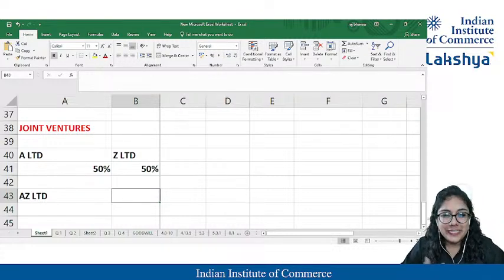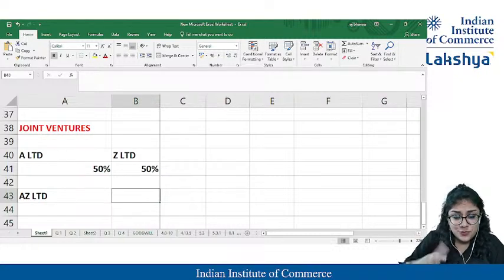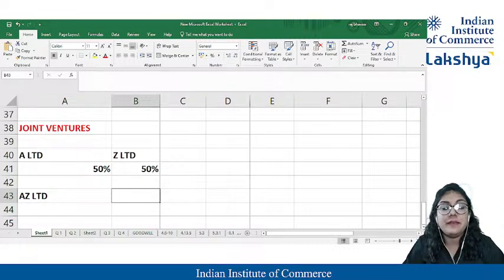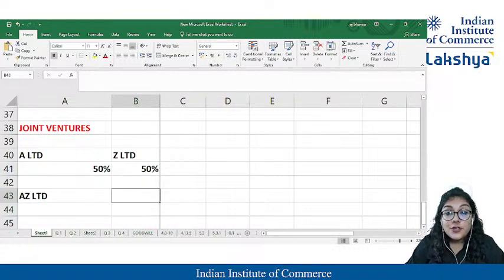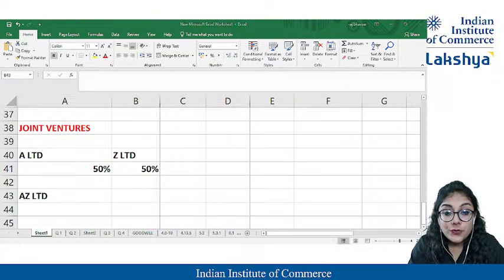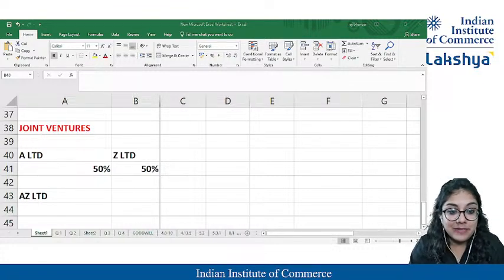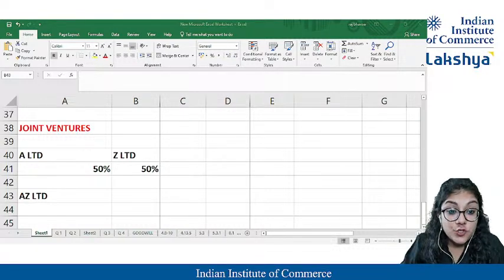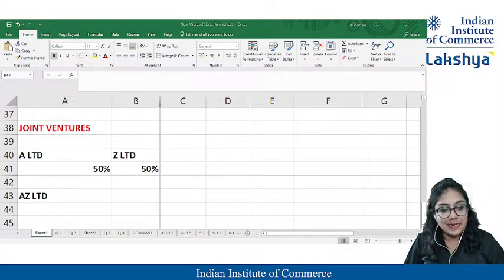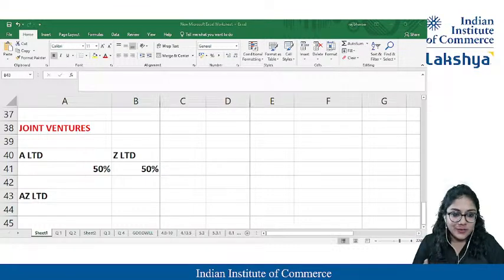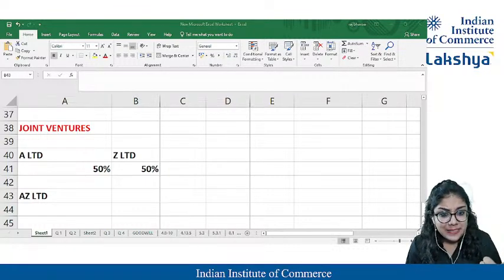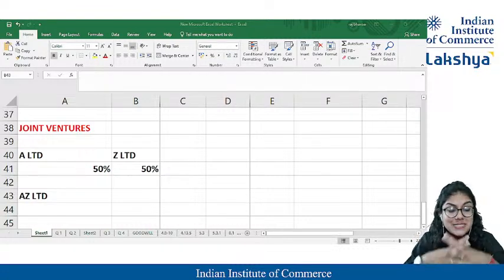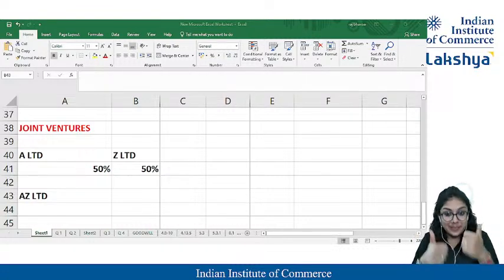If I have an interest of 50% and the other party has also introduced 50%, do you think individually someone can take the decision? It's not possible. To form the majority, a unanimous decision is relevant. I alone cannot take the decision, neither can Z alone. So a unanimous decision of 50% which combines and becomes 100% is very important.